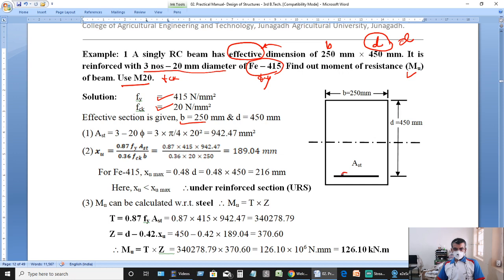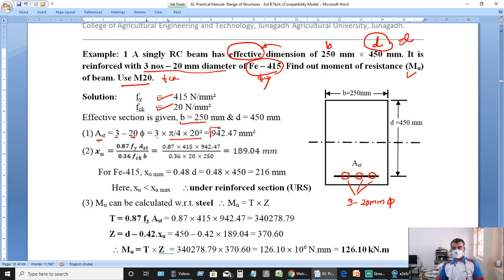Here you have three numbers of bars given, with diameter 20 mm. So the total area of steel is three numbers of 20 mm bars, so 3 into pi by 4 d square.